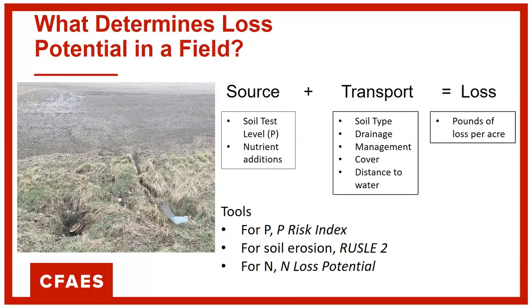Add to that the transport, the soil type, the drainage, the management that's going over top of that, the cover, the distance to water. Some of those transport issues are just as important as the source, and result in that total loss in pounds per acre from an individual field.